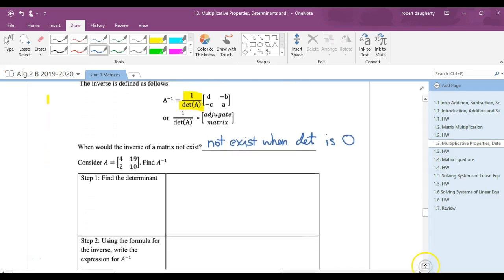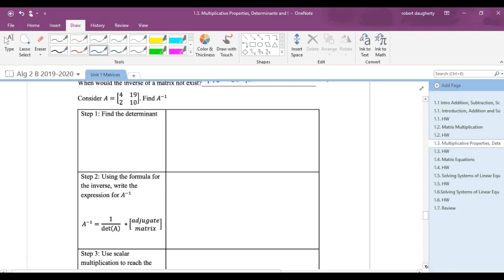So let's find a few examples of finding an inverse. The first step to finding the inverse is to find the determinant. So the determinant of this matrix A, how do I do that? It's 4 times 10 minus what? 2 times 19. That's 40 minus 38, which is 2. The determinant is equal to 2. And then to find the inverse, we have a formula. You're going to need to know this formula.